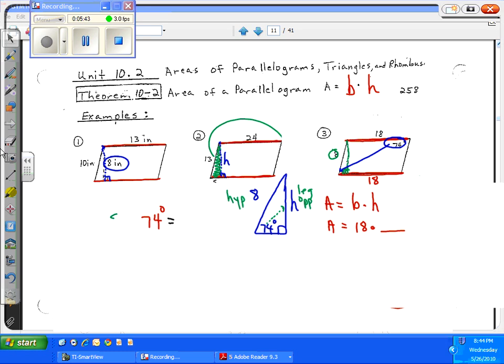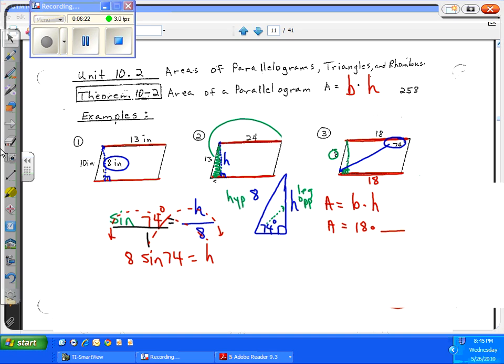Leg opposite, hypotenuse is the sine ratio. And sine says to put leg opposite, which is h, over hypotenuse, which is 8. And so we have a trigonometric ratio to find the height with. Now, again, we can cross multiply if we want. So there's no rounding, and we will have 8 sine 74 equal h.